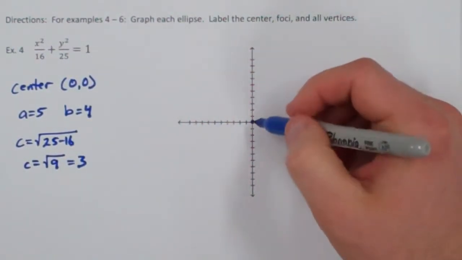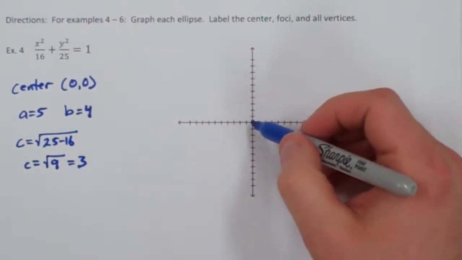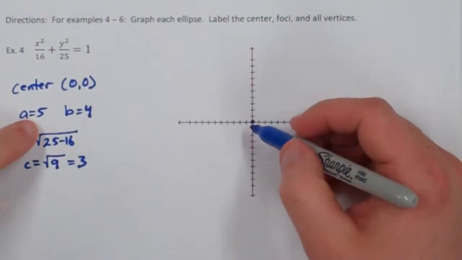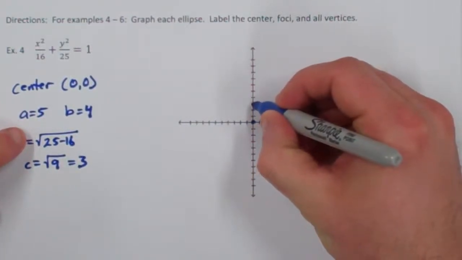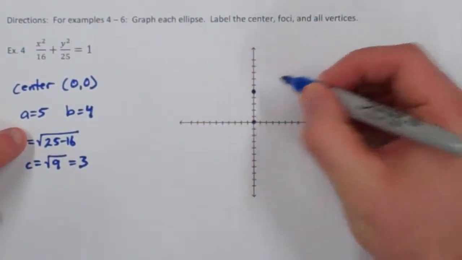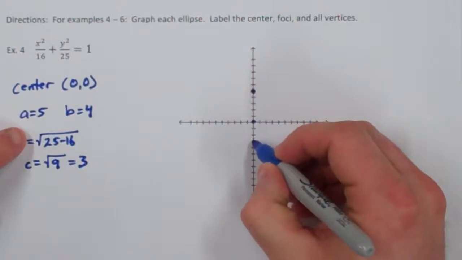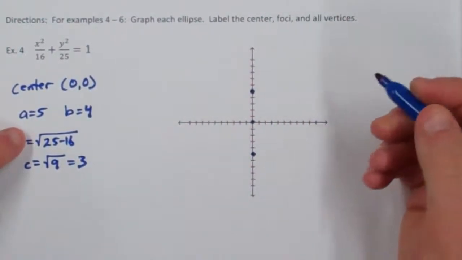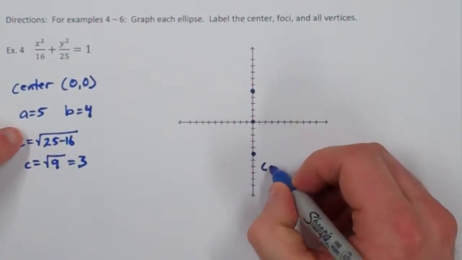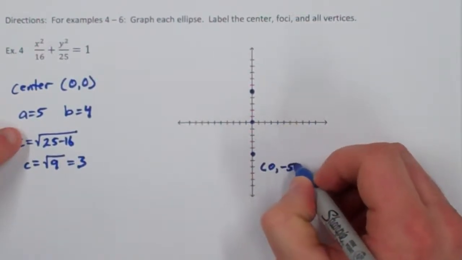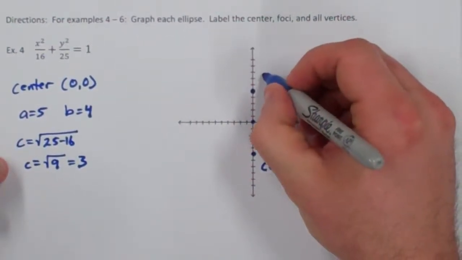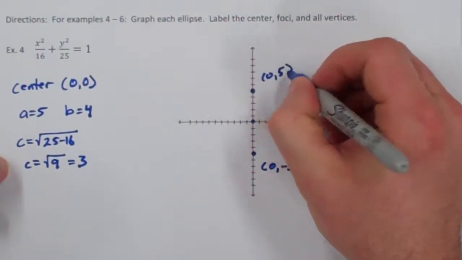I would recommend then, at this time, going from the center, using a being 5, going up 1, 2, 3, 4, 5, and then down 1, 2, 3, 4, 5. We could begin to label these. So this is 0, negative 5. And this is 0, 5.